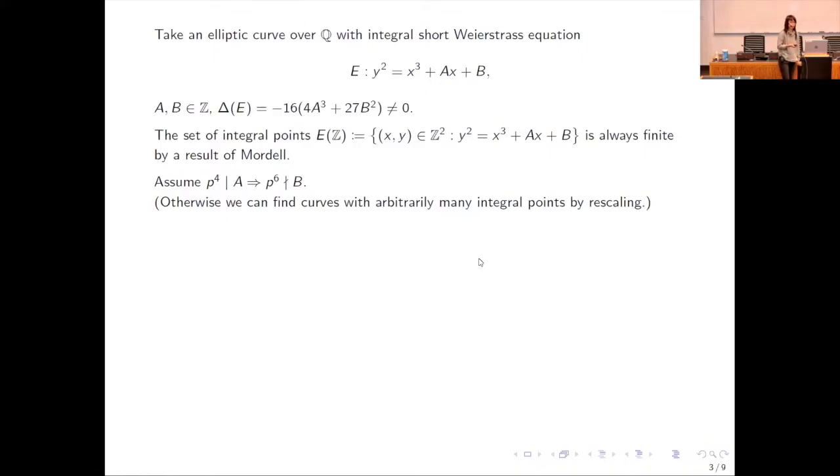In other words, if I have p to the power of 4 dividing a, I do not want the 6th power of p to divide b.